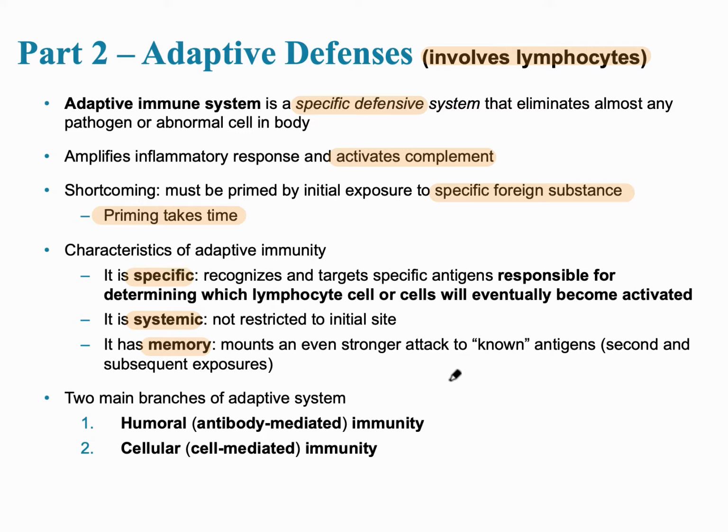So the two main branches of the adaptive system to know: there's one that deals with B cells, called the humoral, antibody-mediated immunity. Remember, whenever you hear antibody, you need to think B cell. The second is the cellular or cell-mediated immunity, which has to do with T cells.